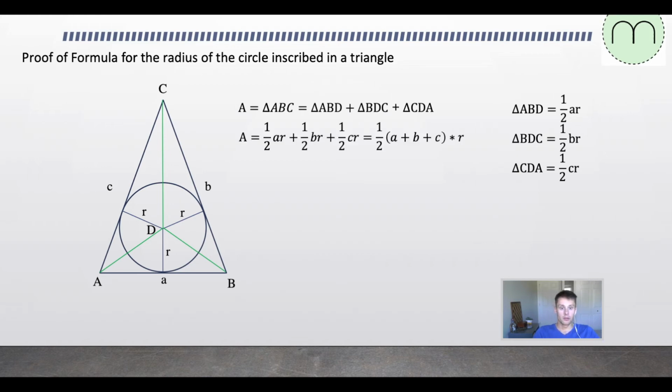When we plug it into the original equation, we get the area of the triangle ABC as half times AR plus half times BR plus half times CR, which we can also write as half times A plus B plus C times radius R. And when we solve this for R, we actually get the equation that we are looking for, which is the radius of the circle inscribed in a triangle equals 2 times the area of the triangle divided by A plus B plus C, which is the perimeter.